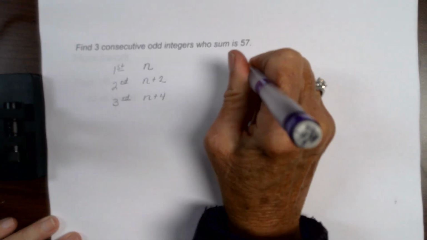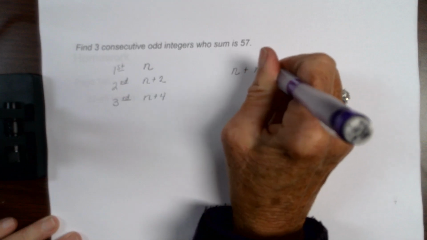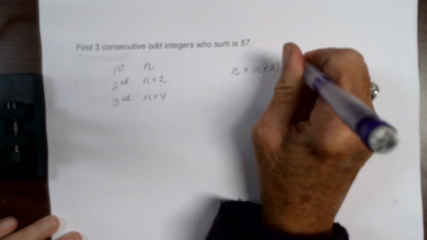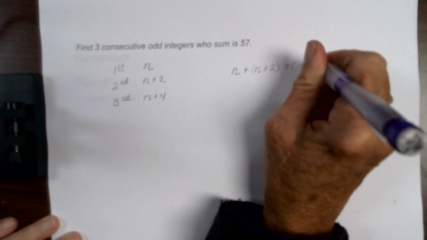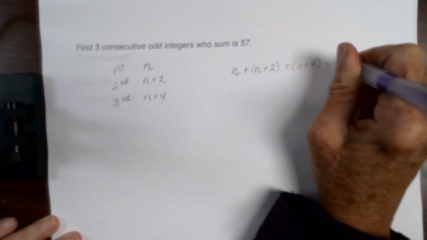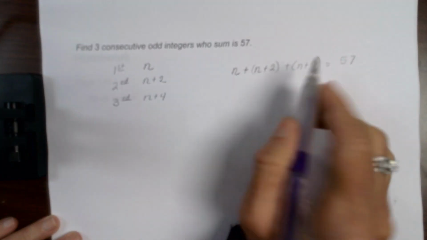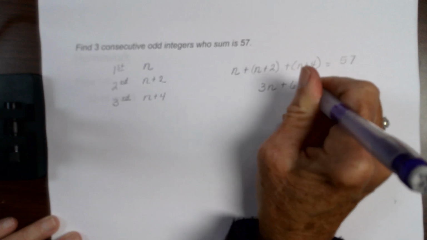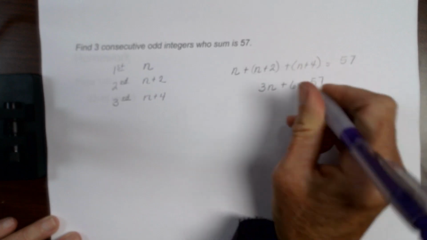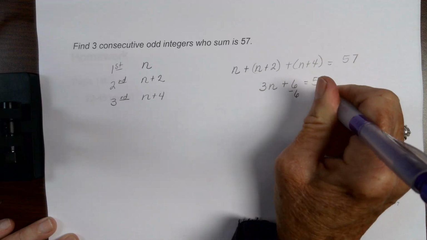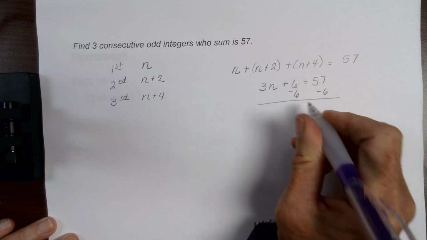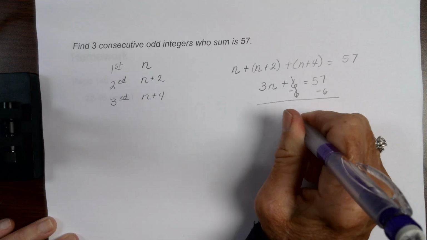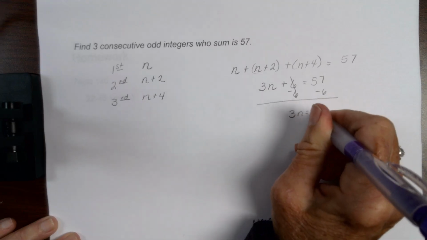So I have n plus n plus 2 plus n plus 4 is going to equal 57. So 1, 2, 3 n's. So I have 3n plus 6 equals 57. I'm going to subtract a 6 or add a negative 6. So I have 3n equals 51.